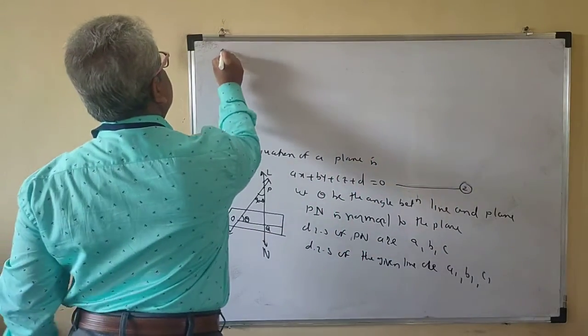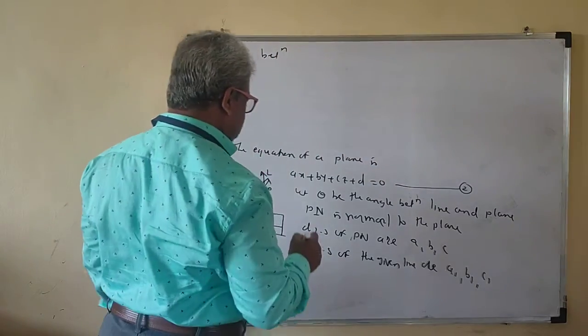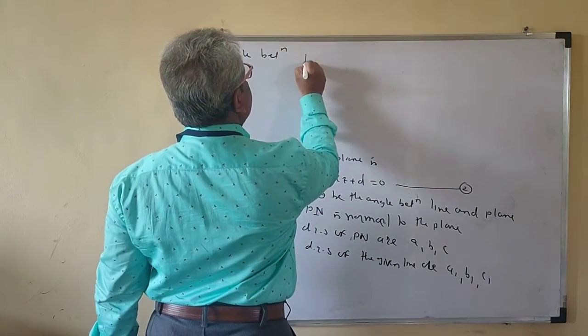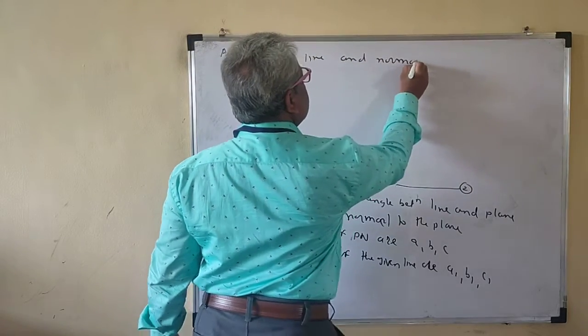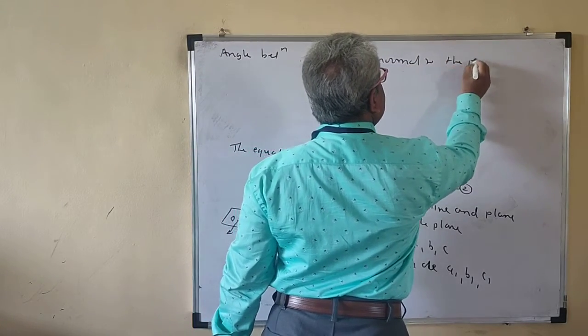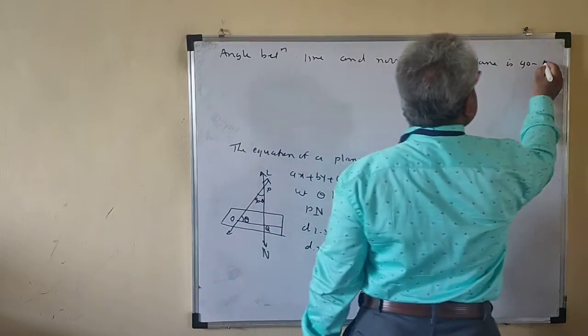The angle between the line and the normal to the plane is 90 minus theta.